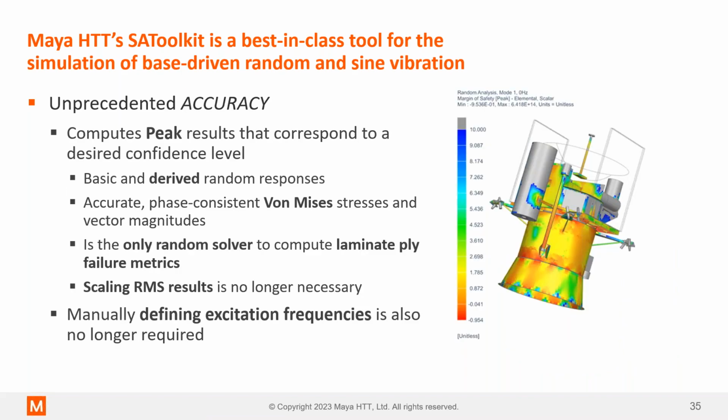And it's accurate. I tried to spend a good bit of time talking through how it's accurate, especially for non-Gaussian responses like the von Mises stresses, and the fact that it can do your laminate ply failure metrics, which the other main solvers can't do at all.